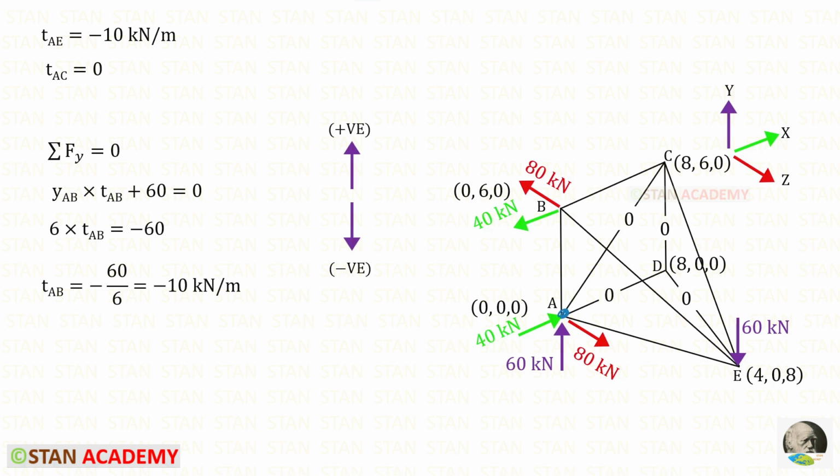If you take the joint A, the member AB is acting upwards, so this term should be taken as positive. There is a reaction 60 kilonewton in the y direction. It is acting upwards, so it will be positive. The distance of AB in the y direction is 6 minus 0, so it will be 6. For TAB, we will get minus 10 kilonewton per meter.